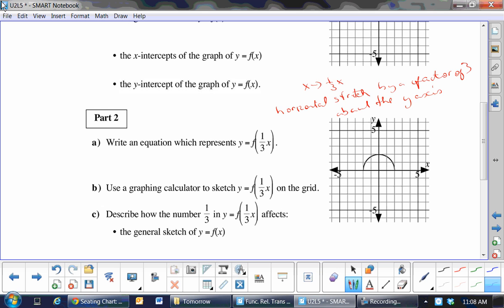Okay? So about the y-axis means it's invariant there, at the y-axis.